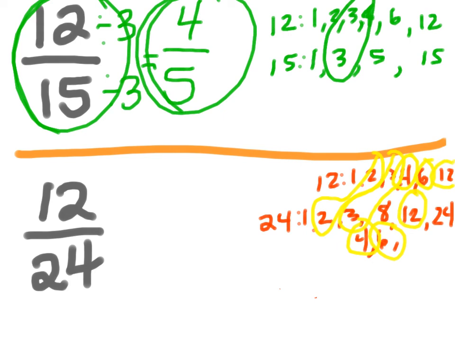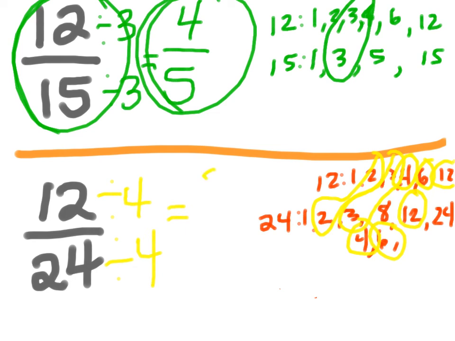So I could divide by any of those numbers as long as I follow that rule. Whatever you do to the bottom, you must do to the top. In order to get a half, you'll see that we just had to divide by 12. 1/2. Okay. In order to get a different one, we can divide by 4.